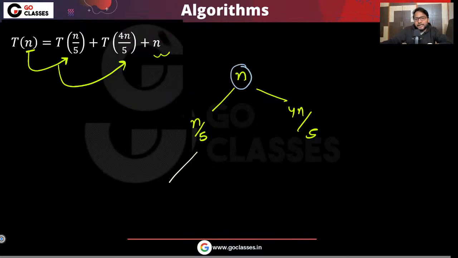Now further you are dividing that n into two parts. So how to get those two parts? If you want to get the left part, you multiply by 1 by 5. If you want to get the right part, you multiply by 4 by 5. So if you multiply by 1 by 5, you will be getting this. If you multiply by 4 by 5, you will be getting this.